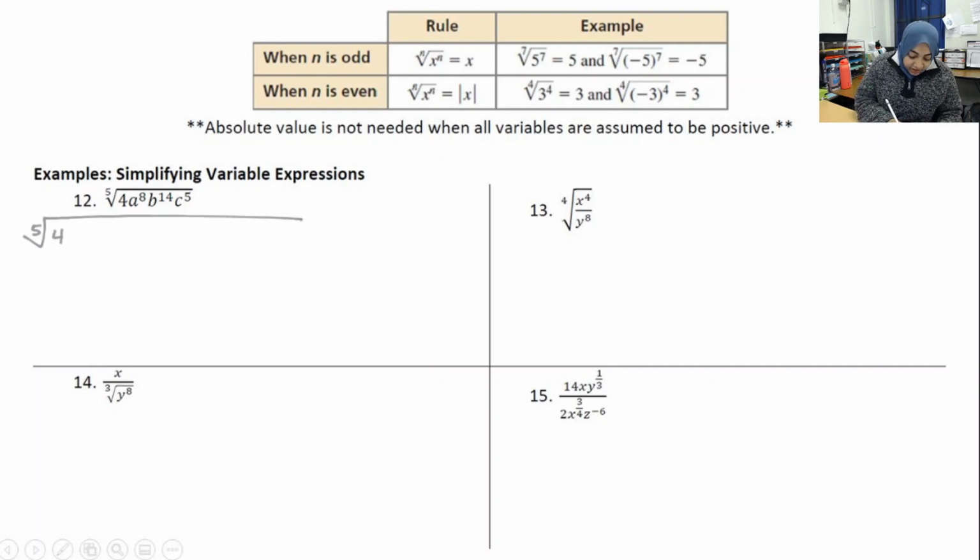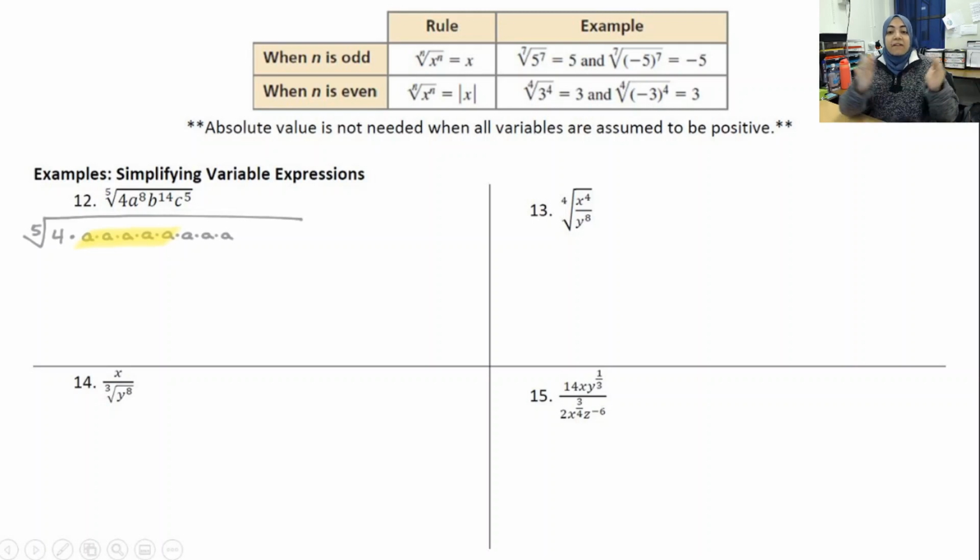of 4 times, well, what is a to the 8th? A to the 8th is a times a times a times a, 8 of those. 1, 2, 3, 4, 5, 6, 7, 8. And I want to take the 5th root. So that's 1, 2, 3, 4, 5 of those. Whenever I take the 5th root, one of those comes out, just like whenever we were doing square roots.